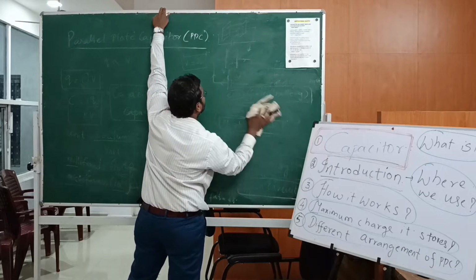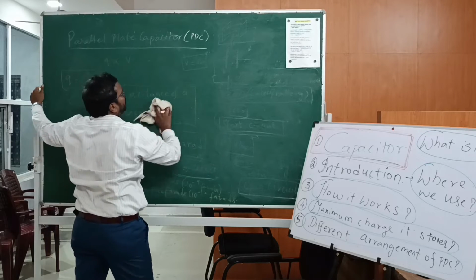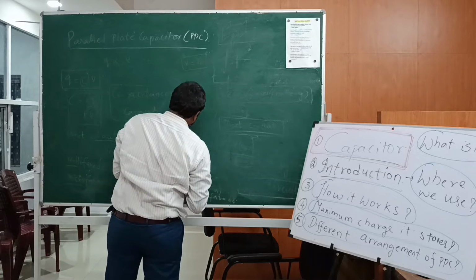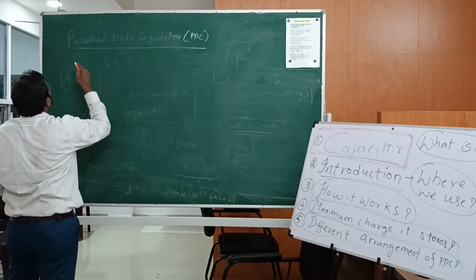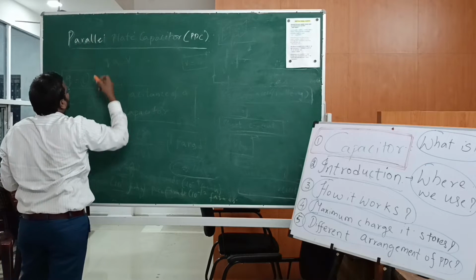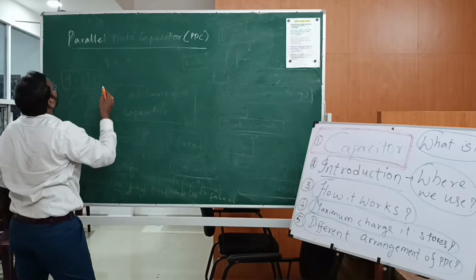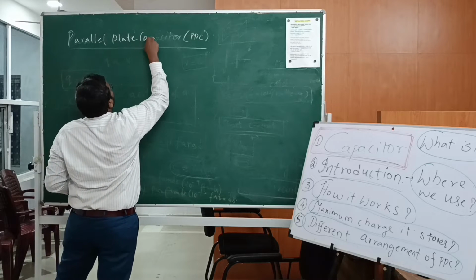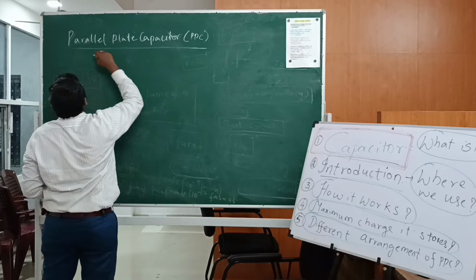Now I want you guys to think about this a little bit. How can we change the capacitance of a capacitor for a parallel plate capacitor?